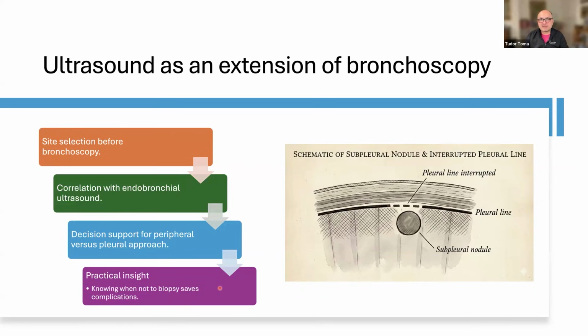And it may show up other lesions which might be smaller and still peripheral and helpful for the diagnosis. So my bottom line with this slide is, don't dismiss, my friends from pure interventional bronchoscopy, don't dismiss thoracic ultrasound, because it's synergistic, I think, with bronchoscopy, and it can help.